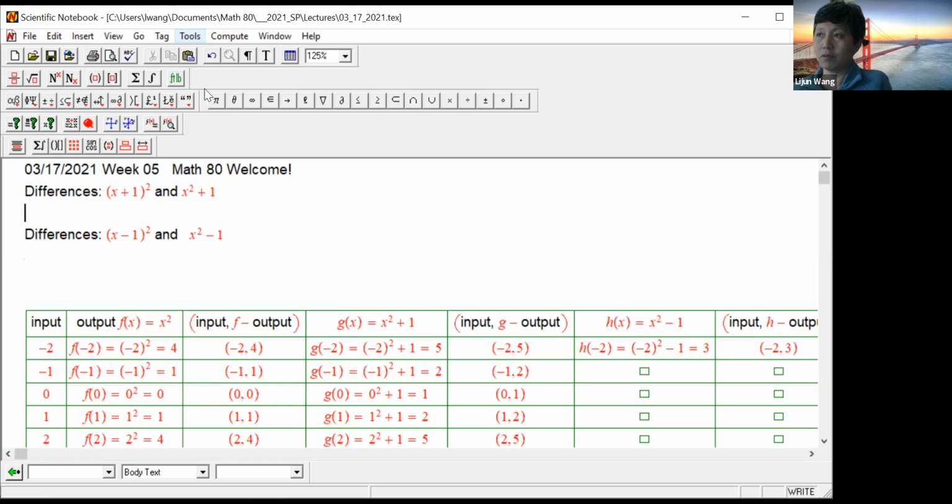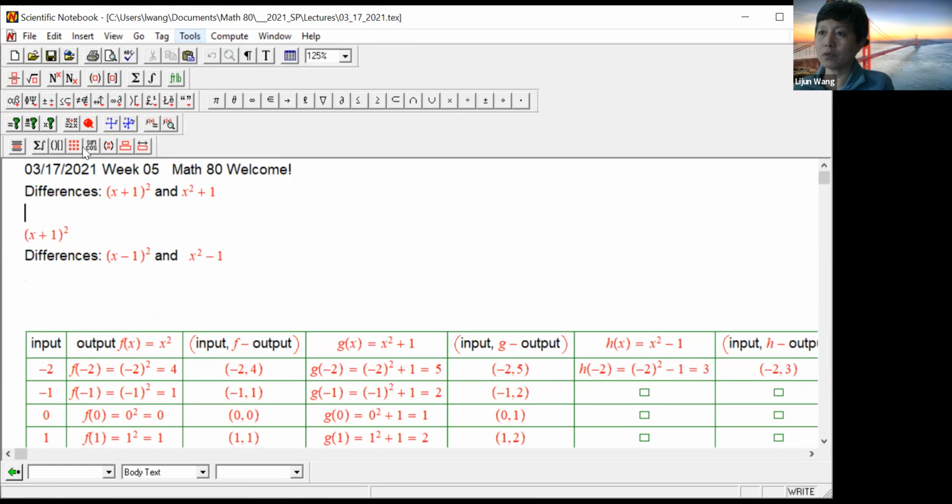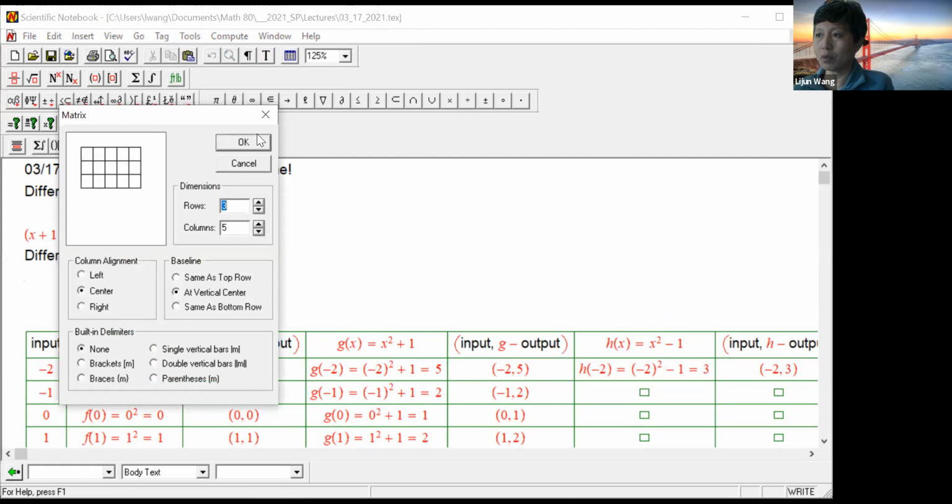So let me show you the difference. On this guy, I'm going to make a little table so that it makes it easier to transport.